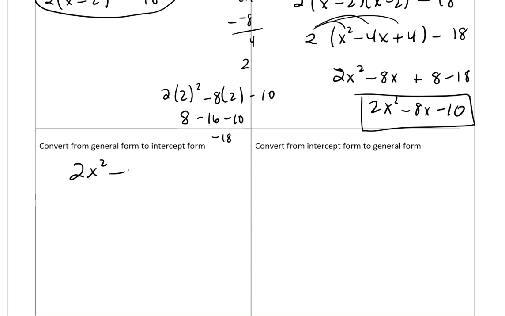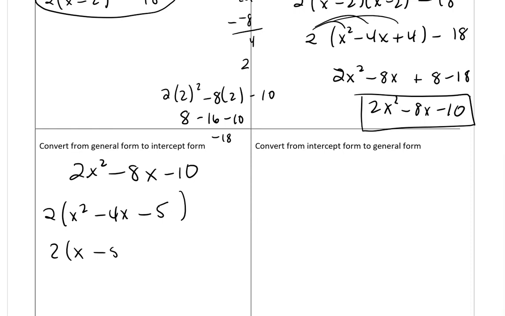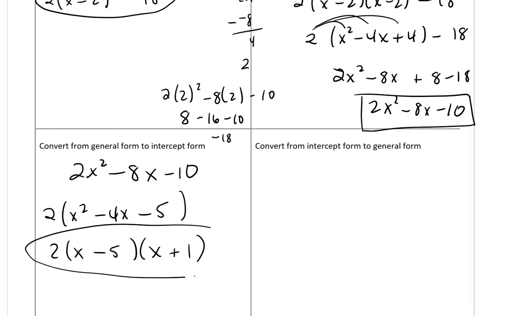Alright, and then this one, to go to intercept form, that's looking for this factor form. I'm going to pull a 2 out of everything because I like to do that, especially if it's possible. And there we go. There's that intercept form, or factored form, another name for it.